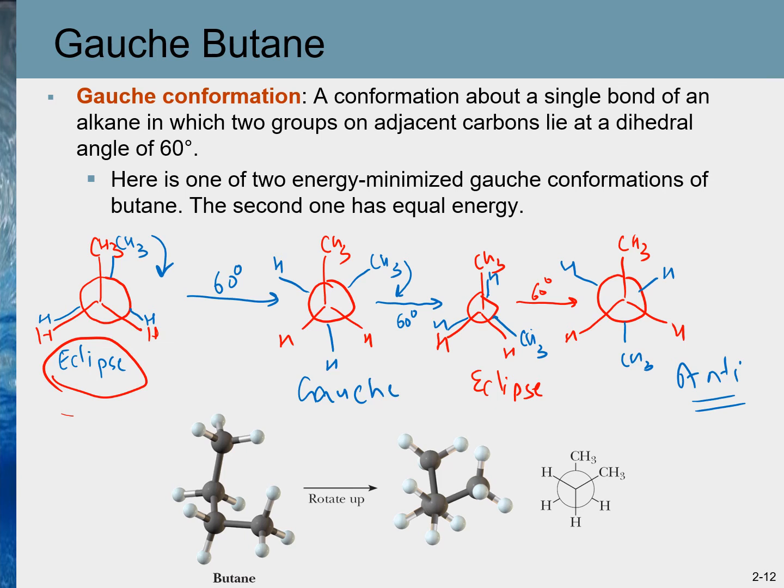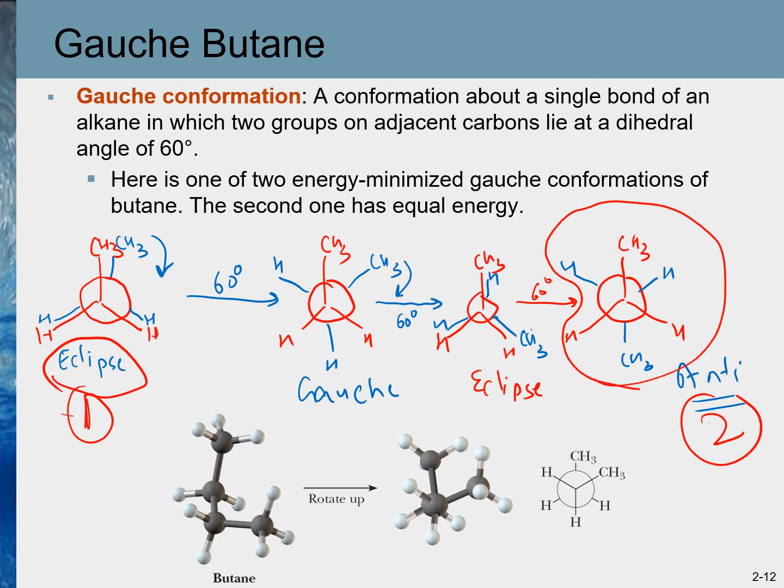It must be noted that in case of butane, the difference in energy between the total eclipse shown in number 1 state or conformation and the total anti as shown here, let's call this number 2, is much larger than the ethane conformations.